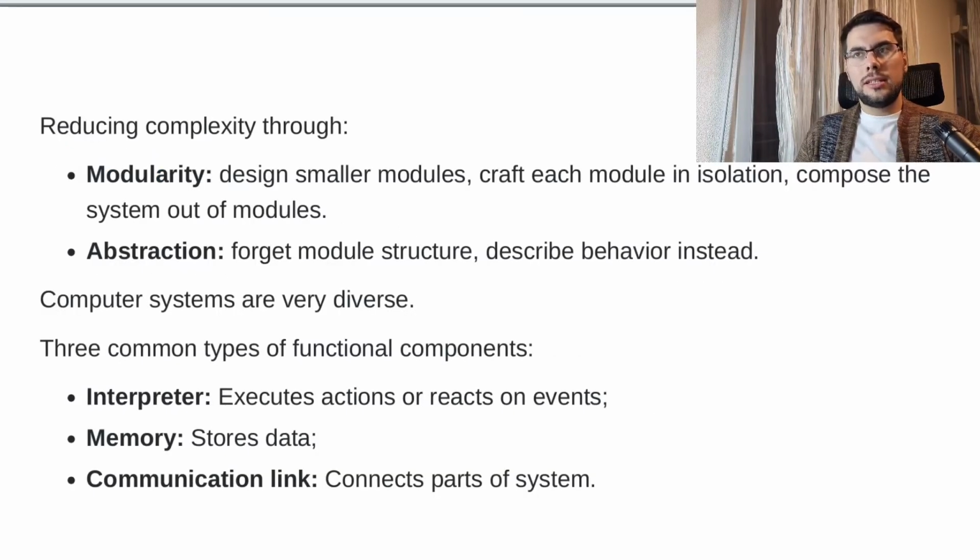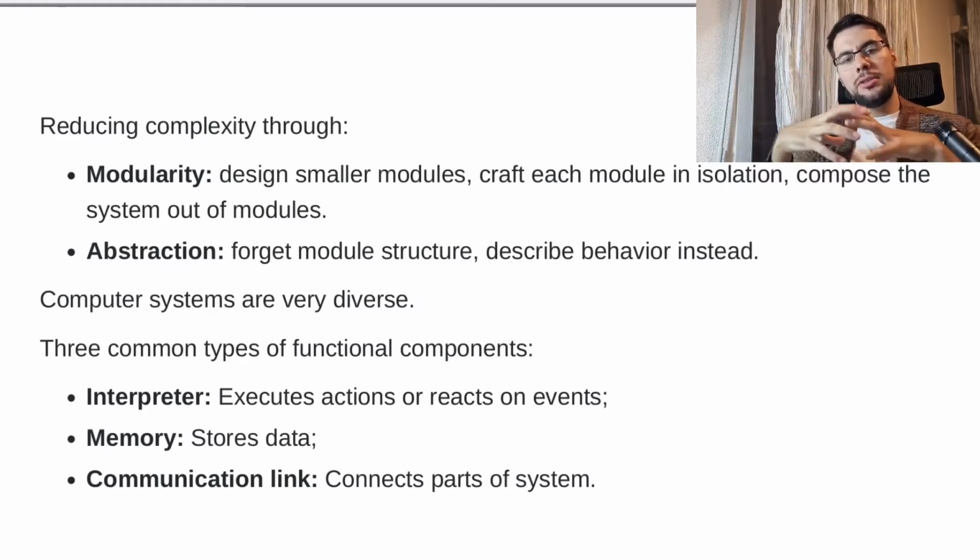We learned that complexity is the ultimate challenge for developers, and computer systems are very complex. However, there are powerful approaches that help us reduce the complexity of systems, namely modularity and abstraction.